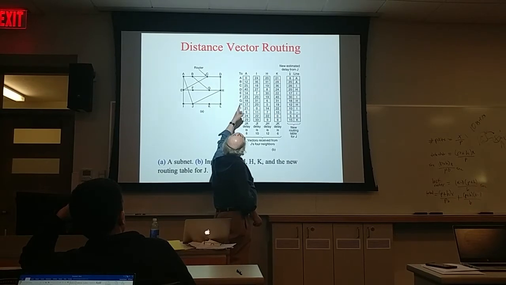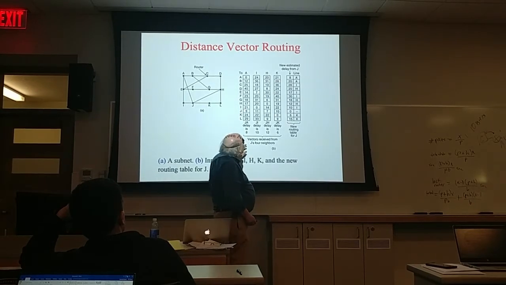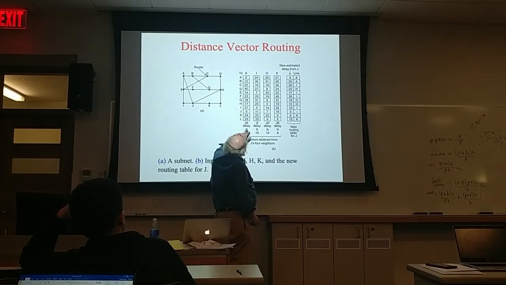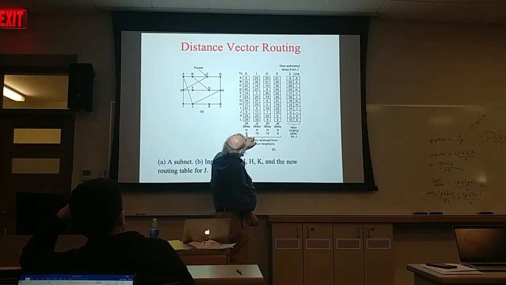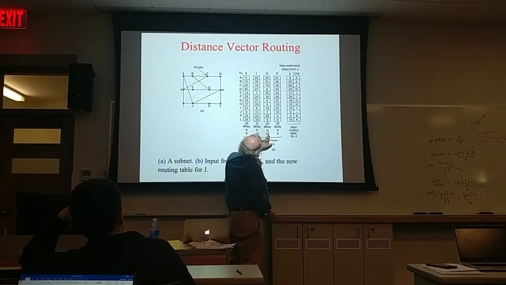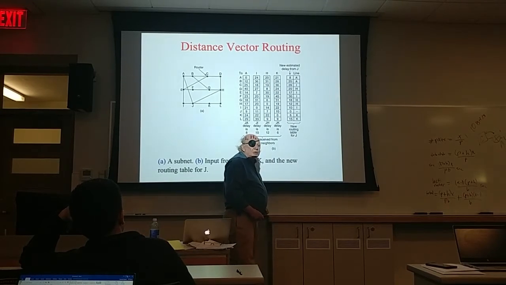And what is his distance to A? With this vector, going through A, it's going to be 8. Going through I, it's going to be 10 plus 24, or 34. H is going to be 32, and K is going to be 27.